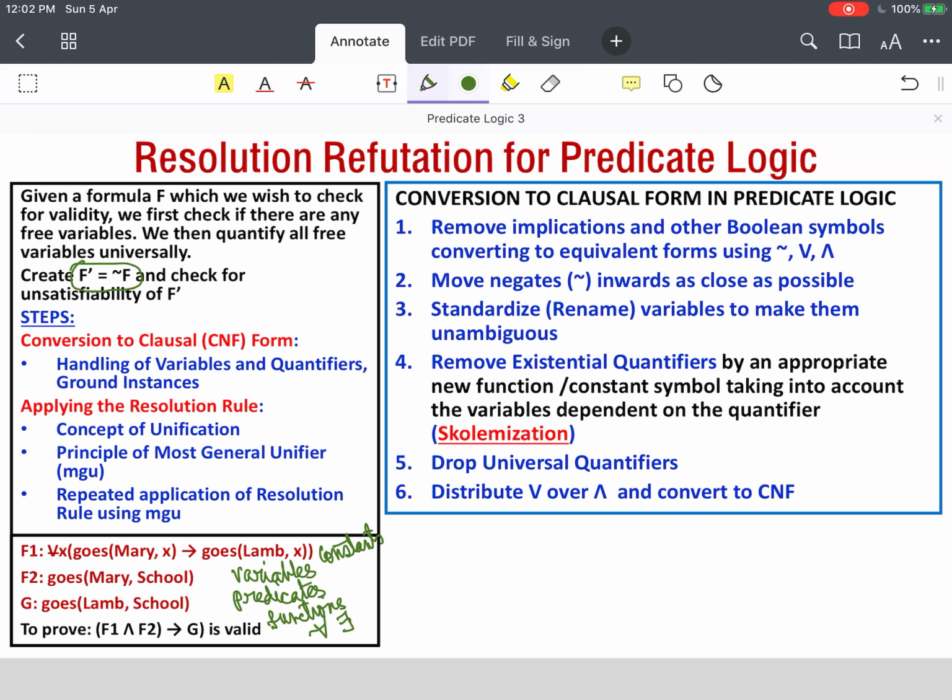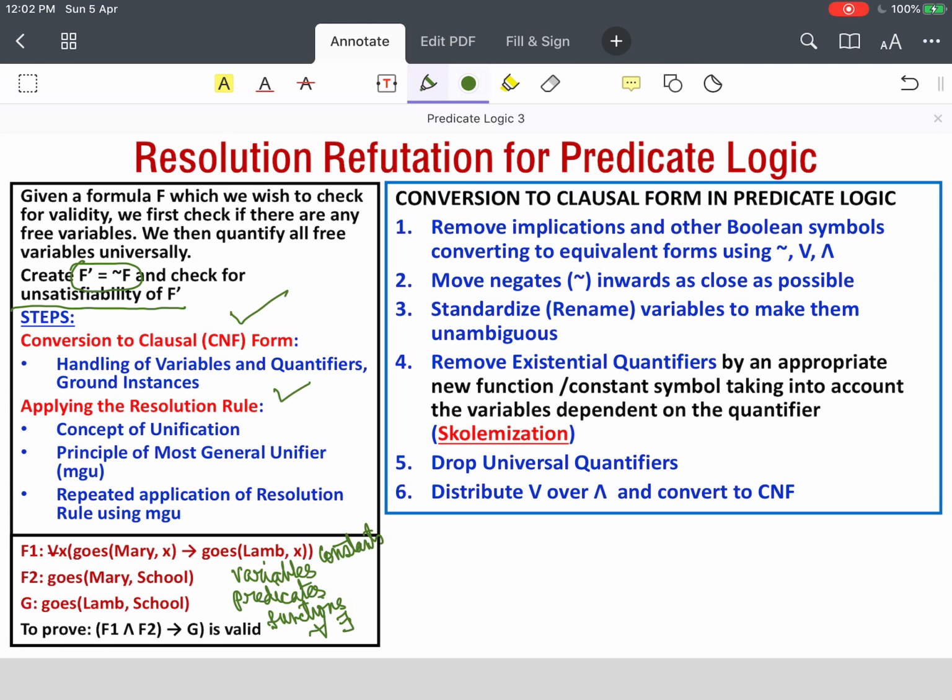Therefore, while the steps remain the same, the first step is create f dash equal to not f and prove that not f is unsatisfiable. And the two major steps are convert to clausal form and apply the resolution rule.